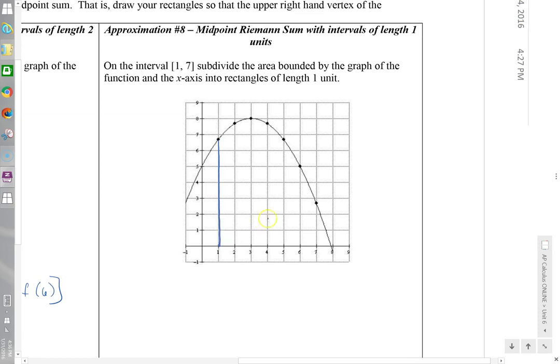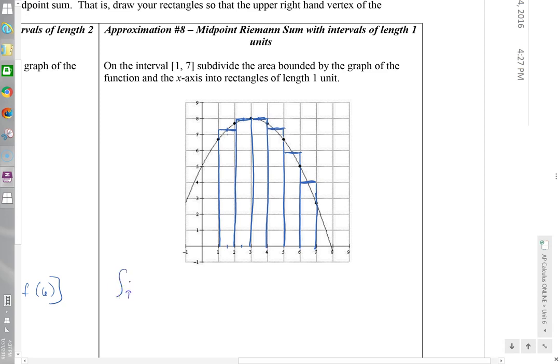So from 1 to 7, intervals are 1, so we can draw this, but our height is going to have to be at the half mark. So at the half mark, the height is here. And at 2.5, there's our height. And at 3.5, and at 4.5, 5.5, 6.5, something like that.